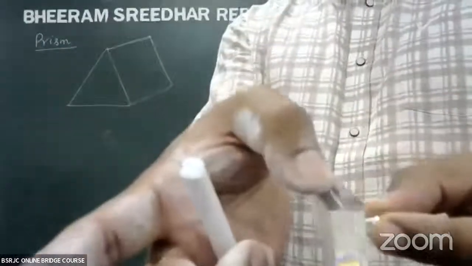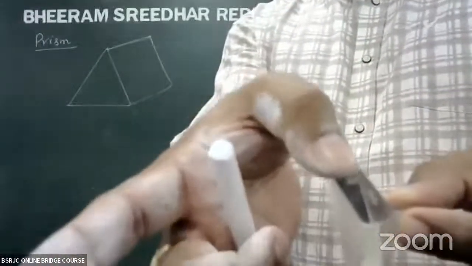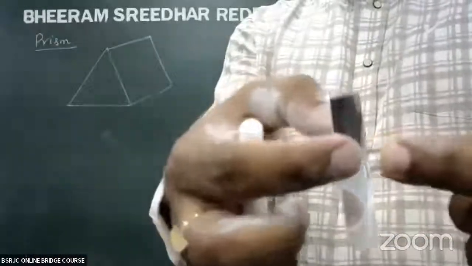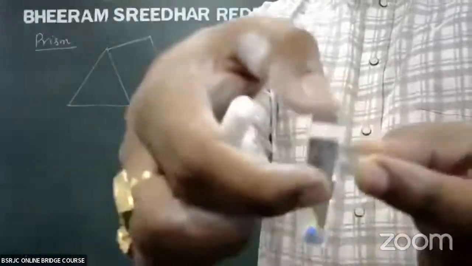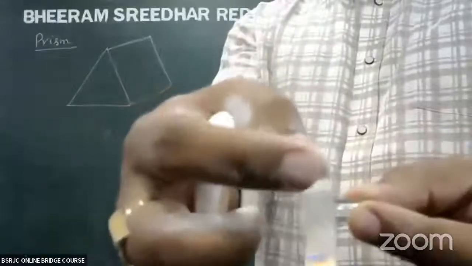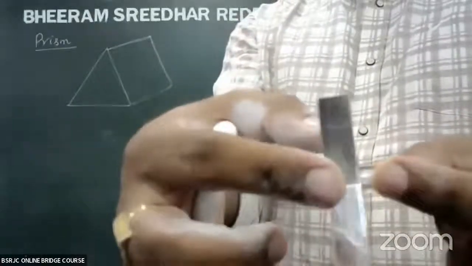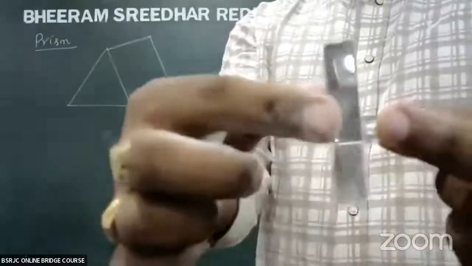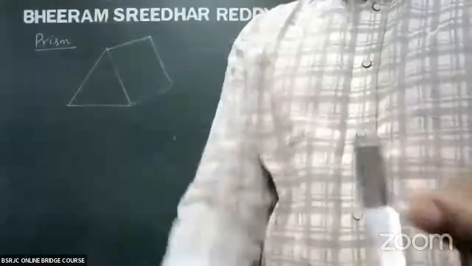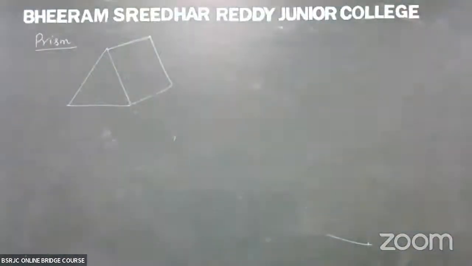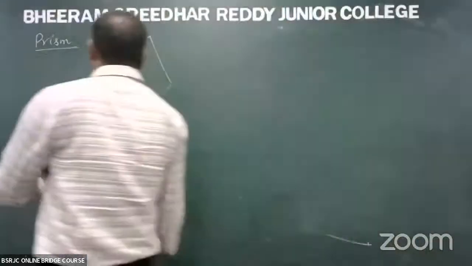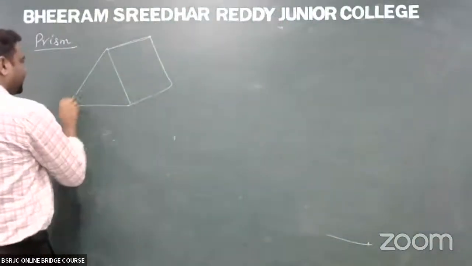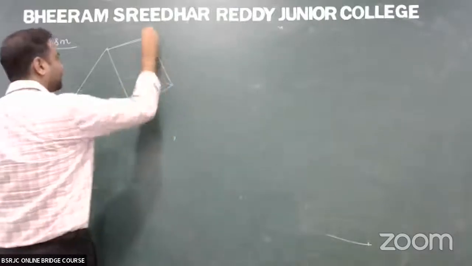This is my thumb. I'm keeping my thumb here. This is one surface and this is another surface. These are the two surfaces. You can see, this is the one corner. Okay? Got it? These two are refracting surfaces. Okay? So usually, whatever base is there, let us go with the base.